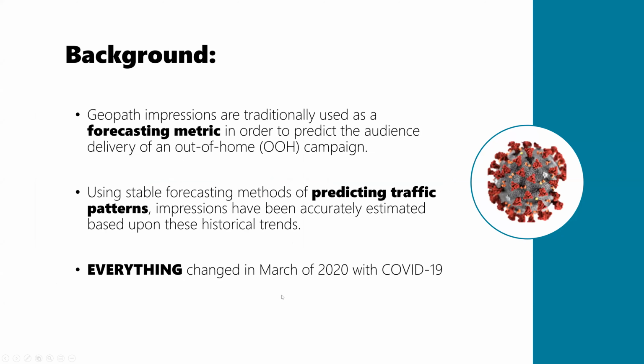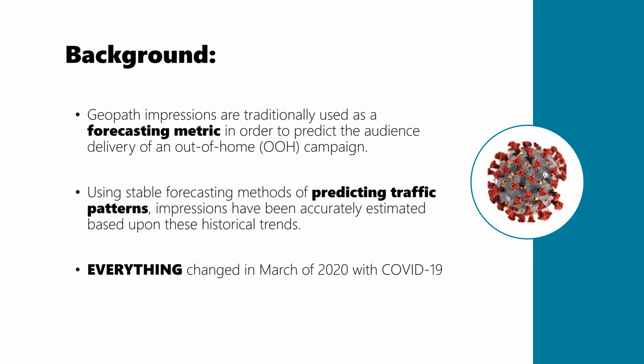Let's take a few steps back before we move forward. To level set and revisit, Geopath impressions are traditionally used as a forecasting metric, in order to predict the audience delivery of an out-of-home campaign. To do that, we use stable forecasting methods of predicting traffic patterns.